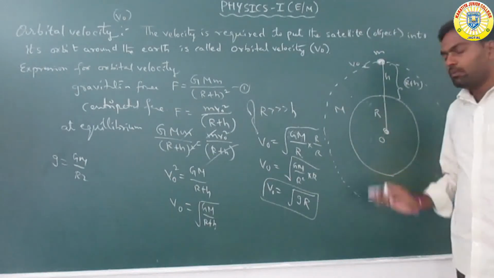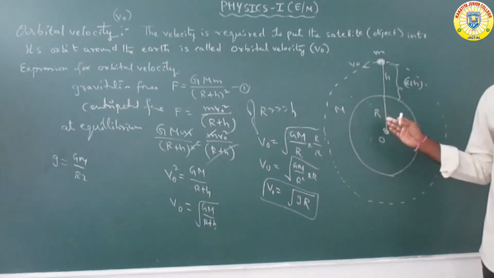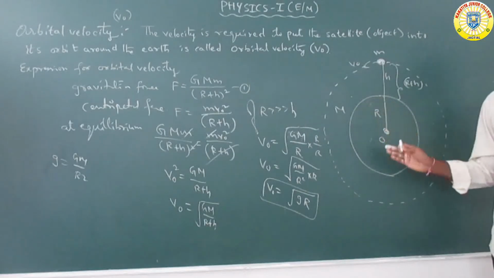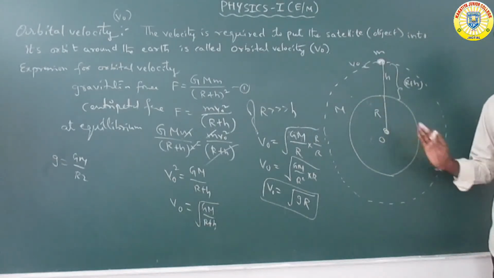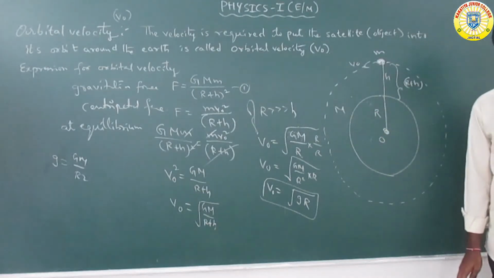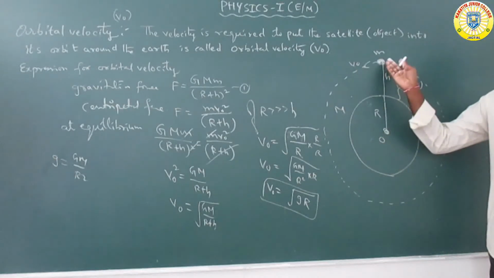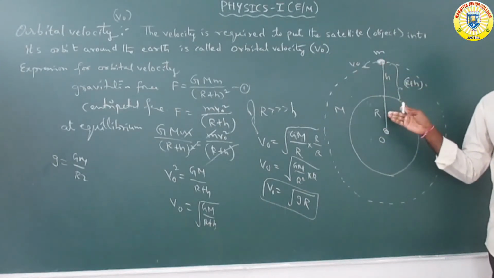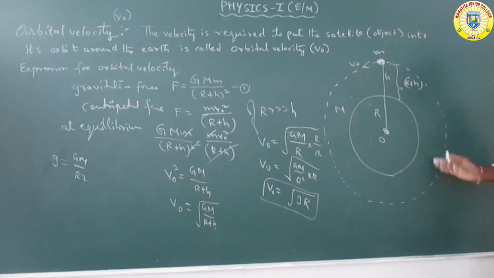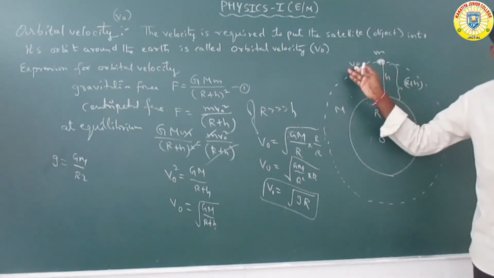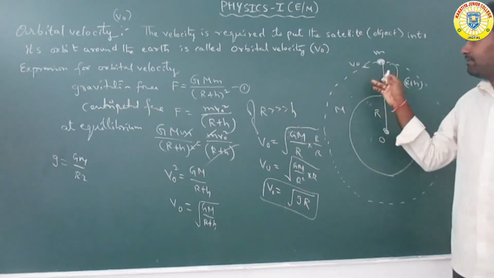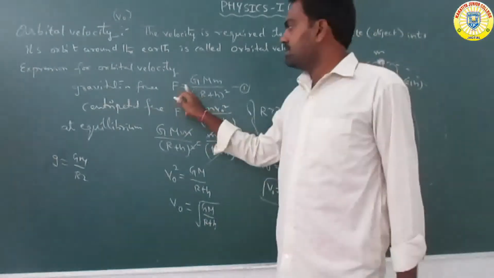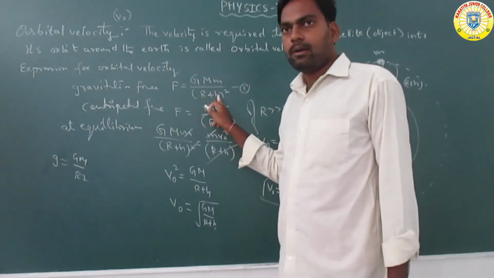Let us consider the earth or planet of mass M and radius R. The center of the earth is taken as O. The satellite of mass m is at height h from the surface of the earth, revolving around the planet with some velocity v naught. So the gravitational force is F is equal to G M m by (R plus h) whole square.